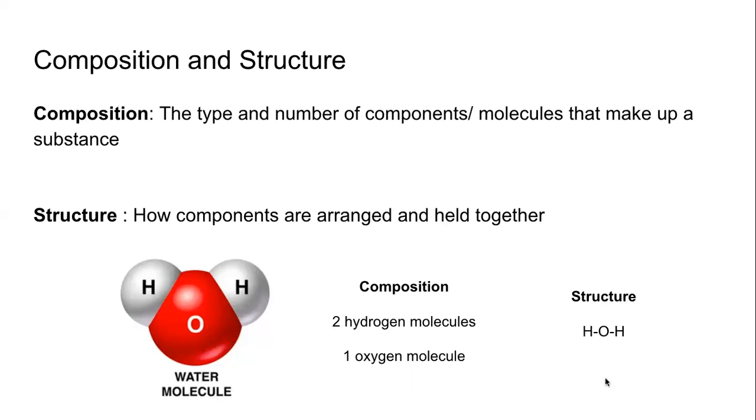So the structure of water is a hydrogen on the left, an oxygen in the middle, and then a hydrogen atom on the right. If they were in another structure, they would be a completely different molecule. So to review again, composition is what atoms are actually in the molecule, and then the structure is how they are connected together.